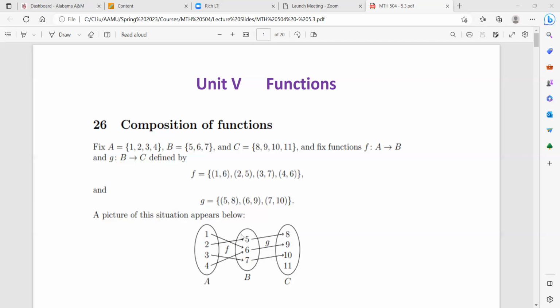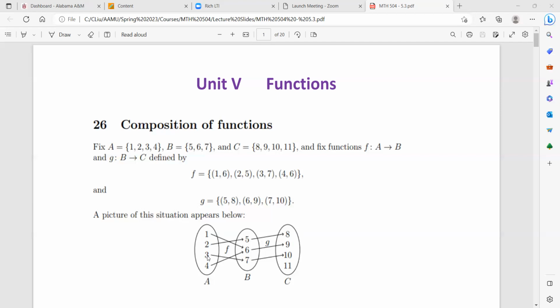So after a sequence of these 2 functions, 1 in set A maps to 9 in set C, and 2 maps to 5 in B, and 5 maps to 8 in set C. So 2 maps from A to 8 in C.